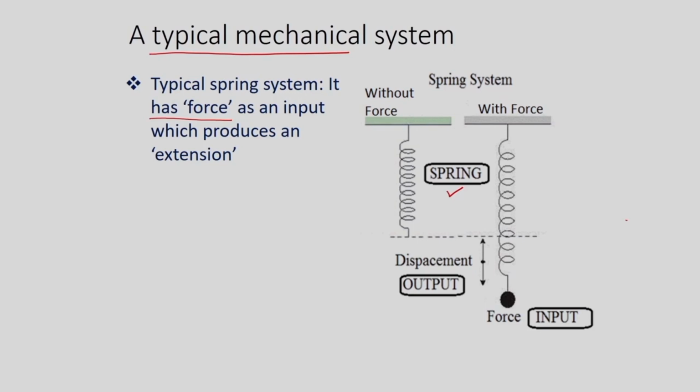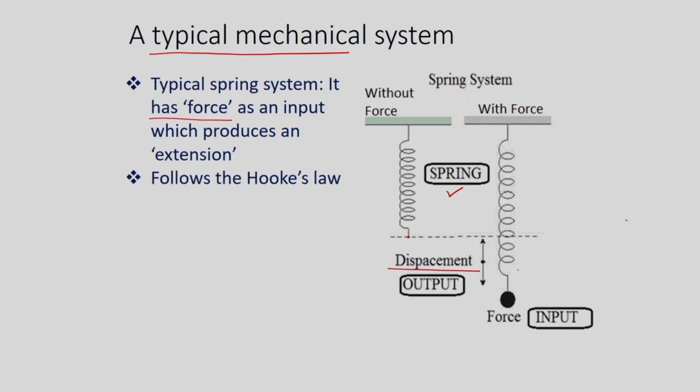Now on your screen you can see a typical spring and force arrangement. When we apply a force at the free end of the spring, its end will get displaced. So the input to the system is a force and the output is the displacement.